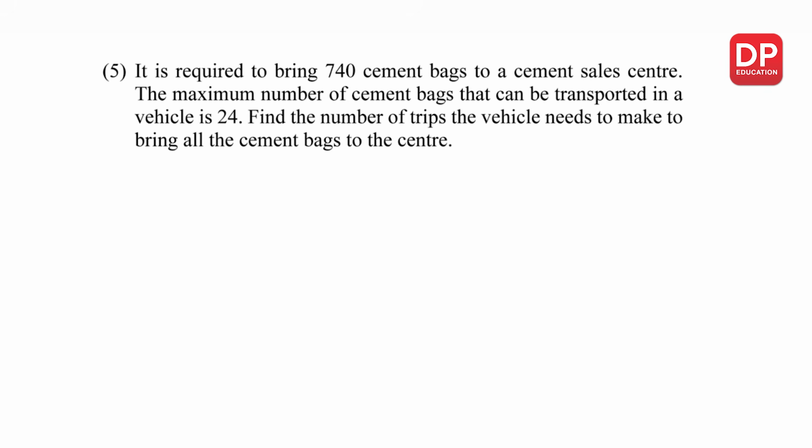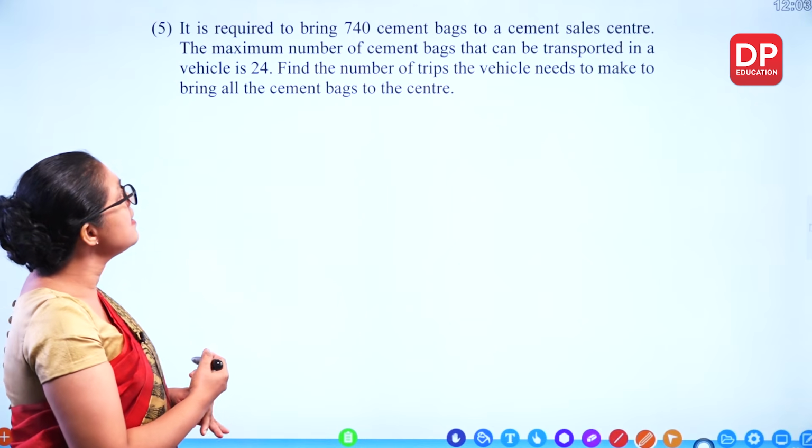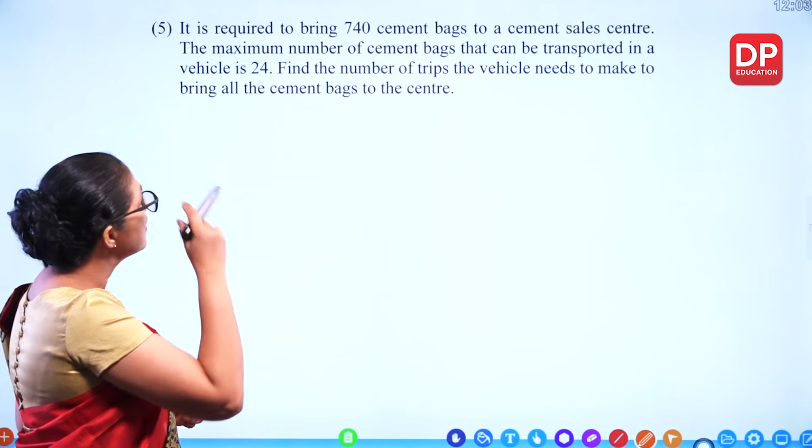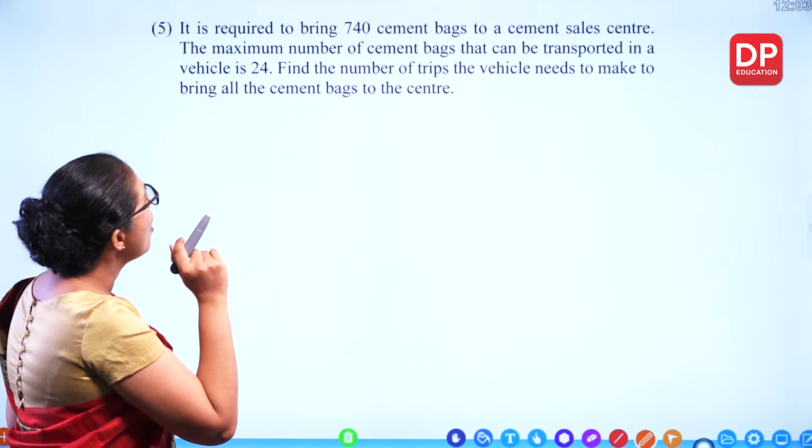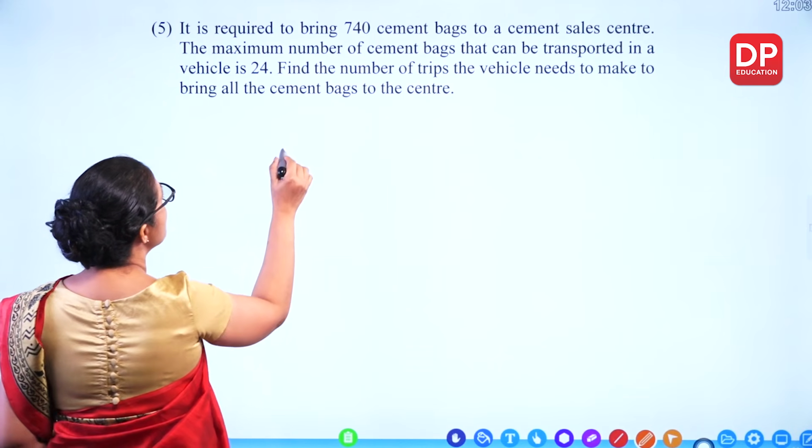Question number 5. It is required to bring 740 cement bags to a cement sales center. The maximum number of cement bags that can be transported in a vehicle is 24. Find the number of trips the vehicle needs to make to bring all the cement bags to the center. So that means this is also division. So how many trips?